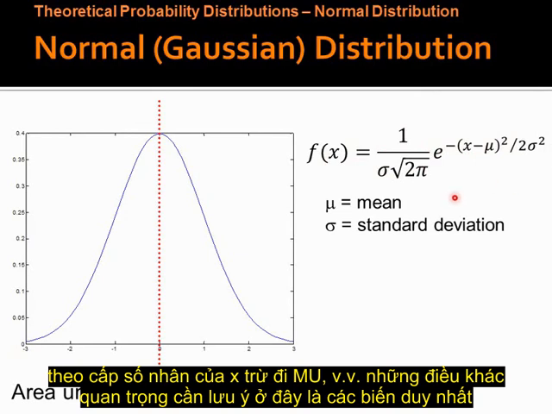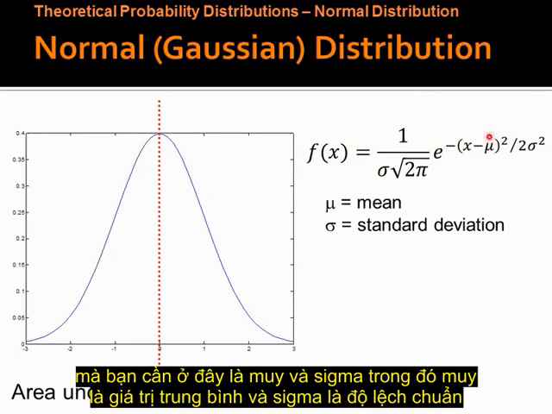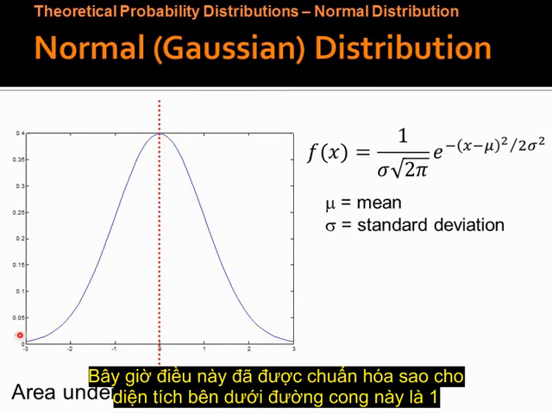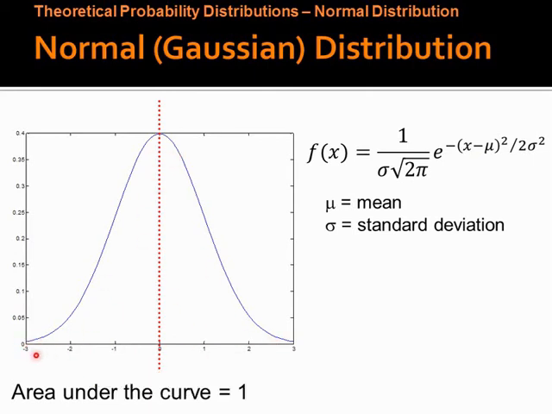The key thing to note here is that the only variables you need are mu and sigma, where mu is the mean and sigma is the standard deviation. If you know these two values, you can draw or calculate this particular line. Now this has been normalized such that the area underneath this curve is 1, right?